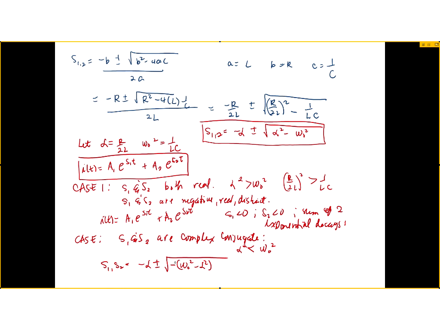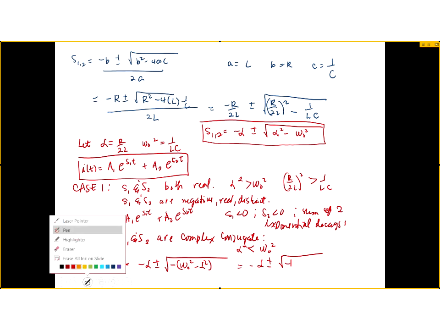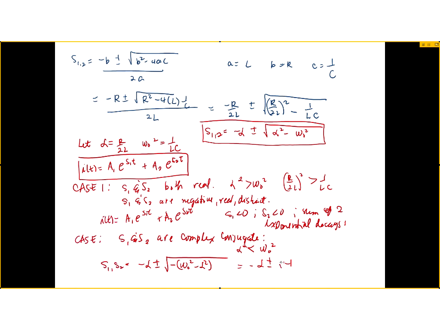The reason for that is I'm going to be able to write this as minus alpha plus or minus the square root of minus 1 times the square root of omega naught squared minus alpha squared.